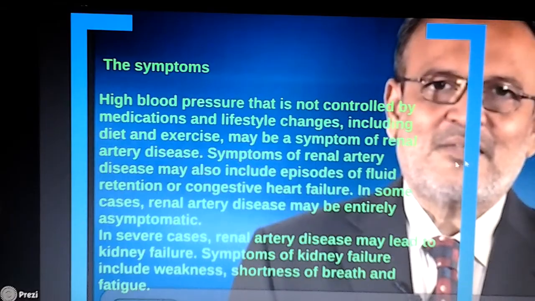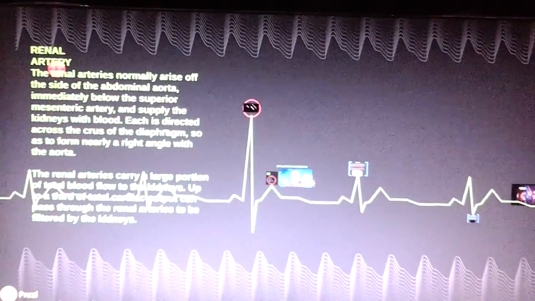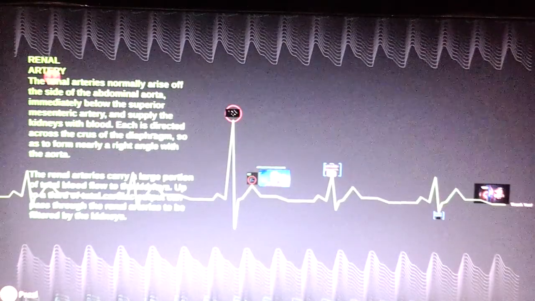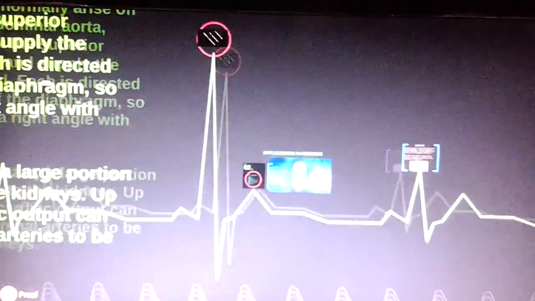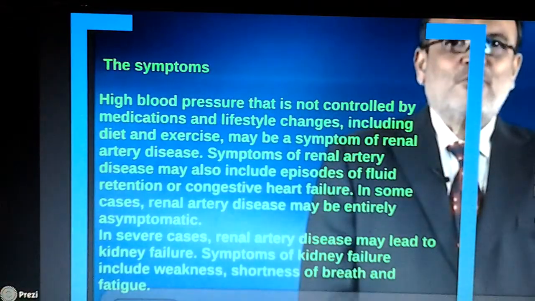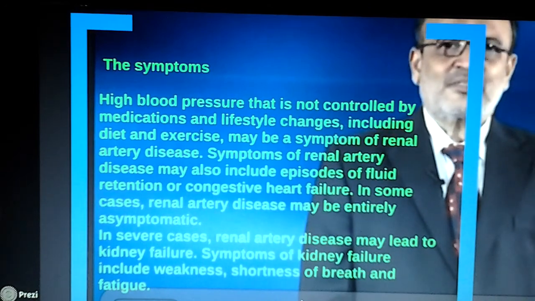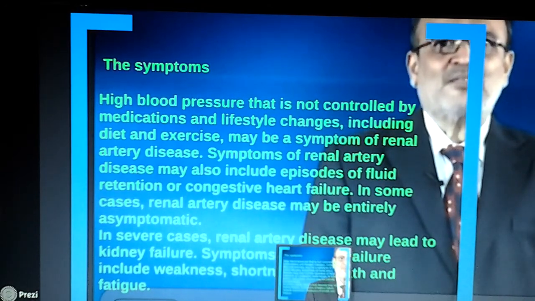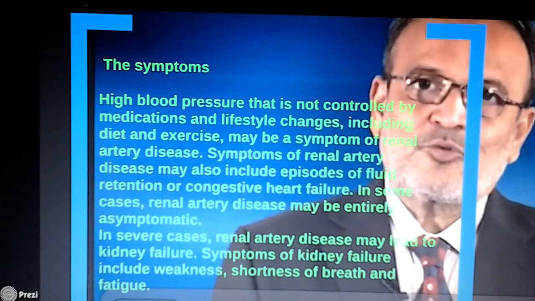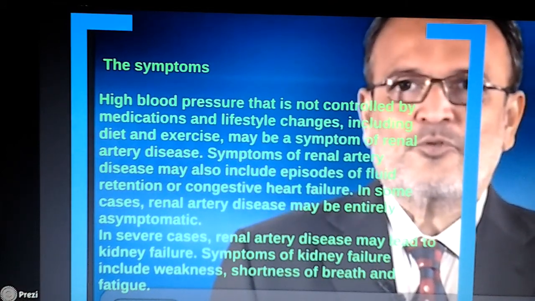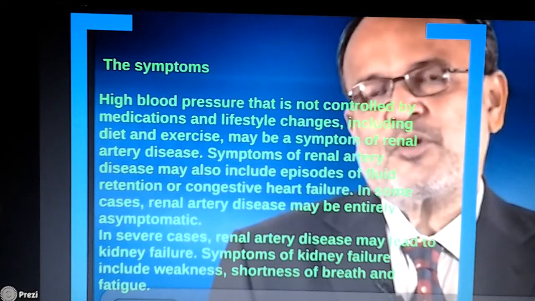We will discuss the transradial approach for addressing renal artery stenosis. Renal artery intervention is well established through the femoral as well as the radial route. It is important to understand that most of the patients have significant hypertension which is uncontrolled even on maximal medication, and that is why the radial route should be the preferred route, to avoid the local vascular complication rate seen with the femoral route.